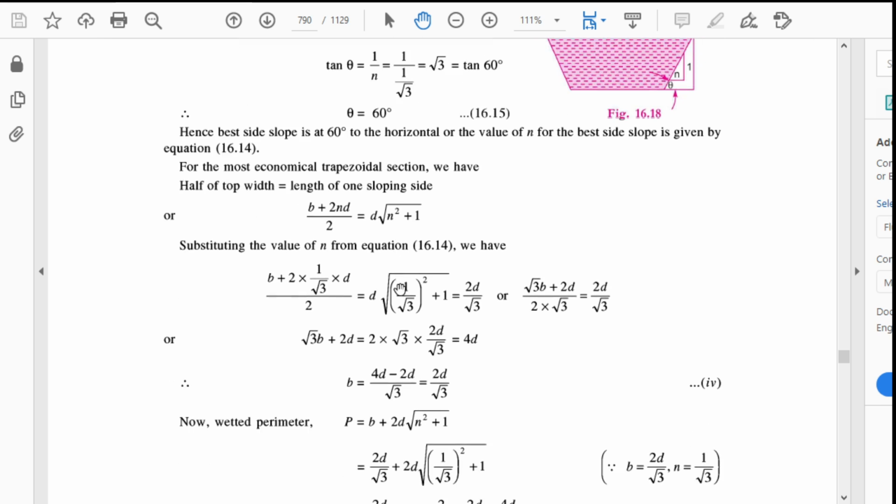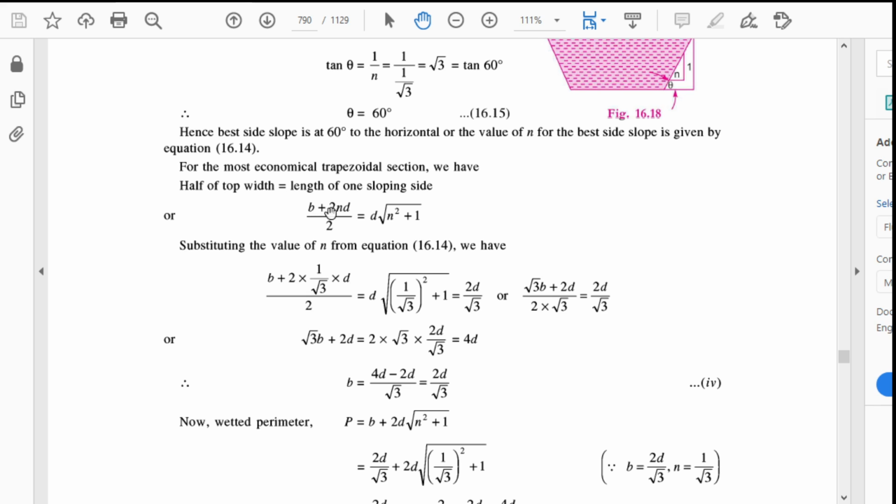We already have the condition for the most economical trapezoidal section, that half of the top width should be equal to the length of one of the side slopes. And right now we have calculated the value of n for the best side slope, n is 1 by root 3.